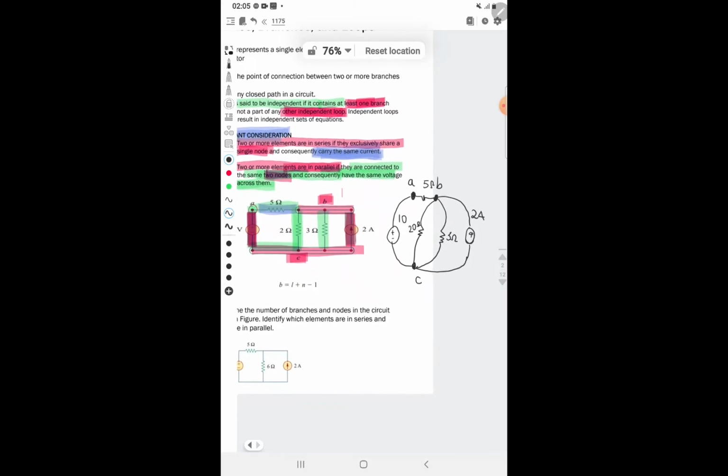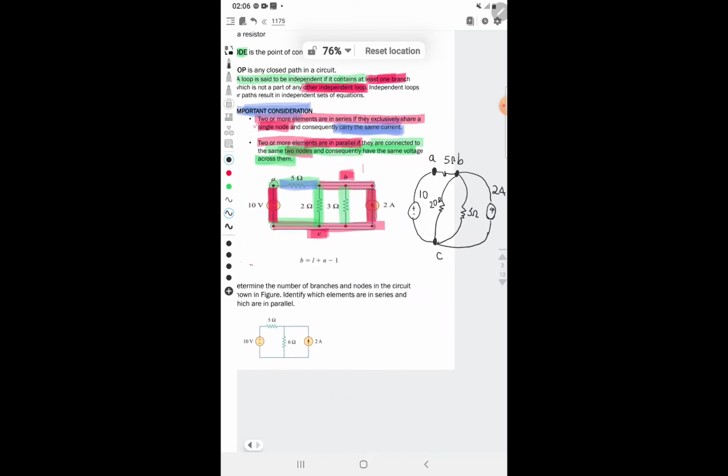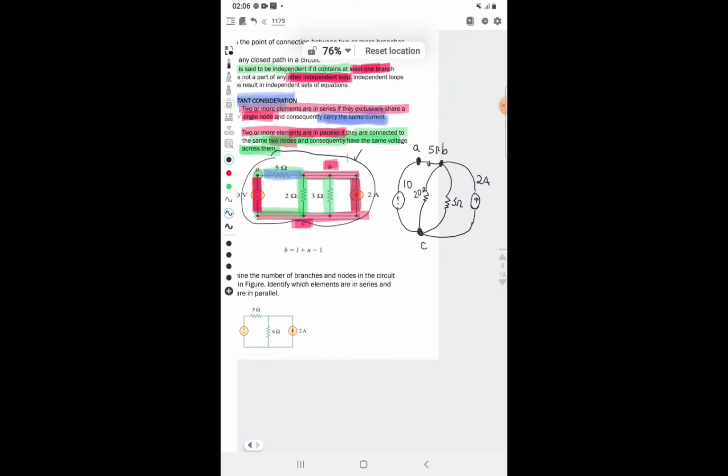Okay? So we can write it like this. That's why we redrew it so that our figure became like this, in order for us to solve it and understand it better. But if it is connected by wire, it can be connected like this.